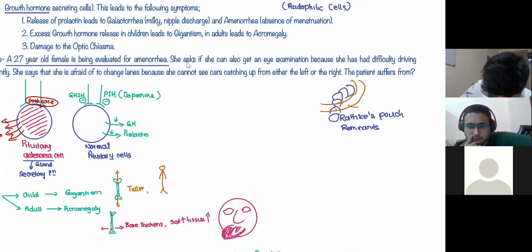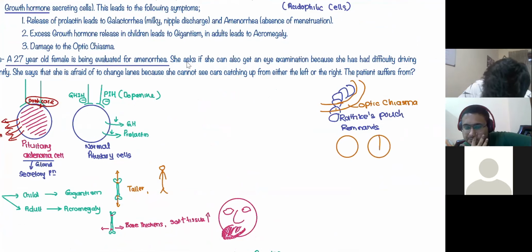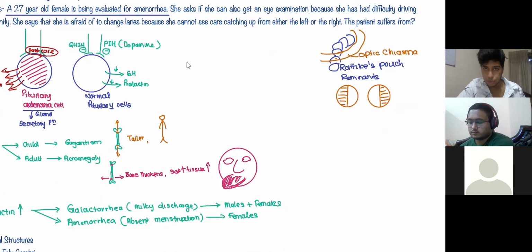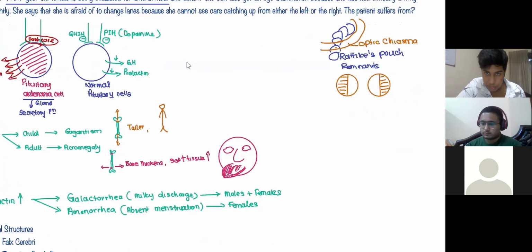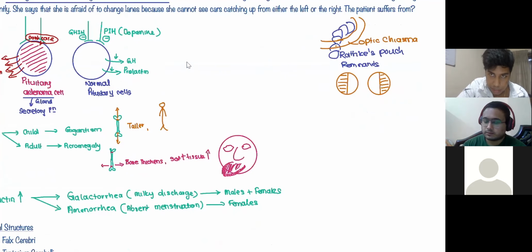of the optic chiasma. This is the one thing you will see in these tumors. It's not the only thing, it's going to cause compression of adjacent structures, but when it comes to case studies, that will be the only thing given.